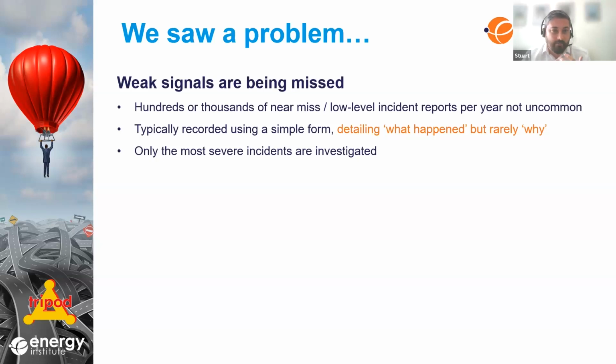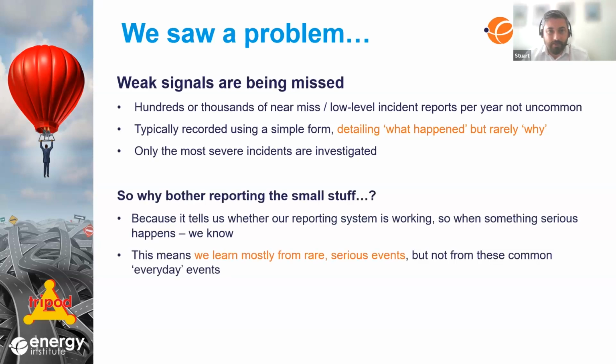Typically, there isn't enough time to investigate all of these near misses and low-level incidents in detail. They're generally recorded, usually detailing what happened, but not necessarily why the incident happened. So really, the most severe incidents are investigated, but not necessarily all of the low-level near misses.